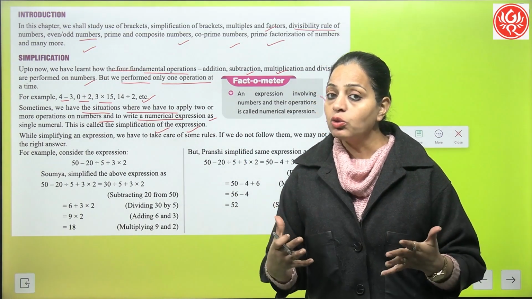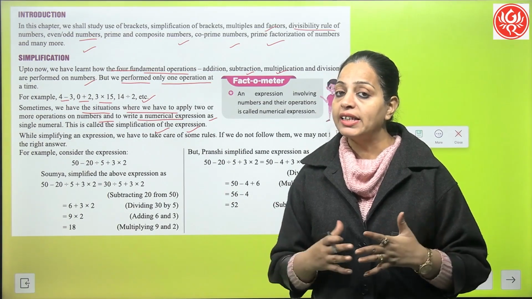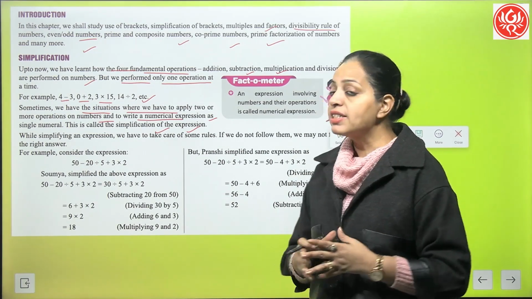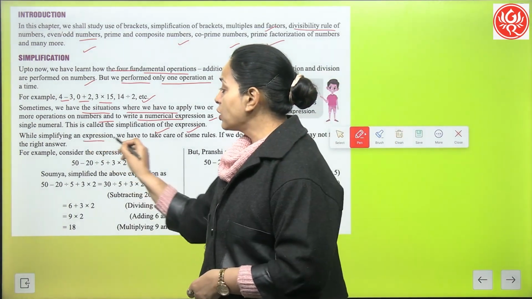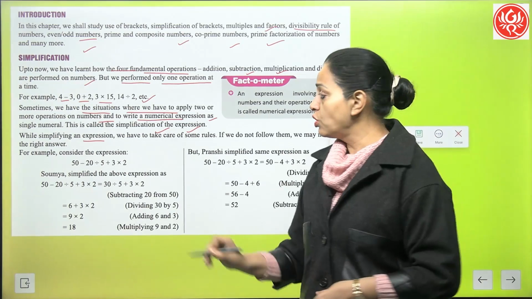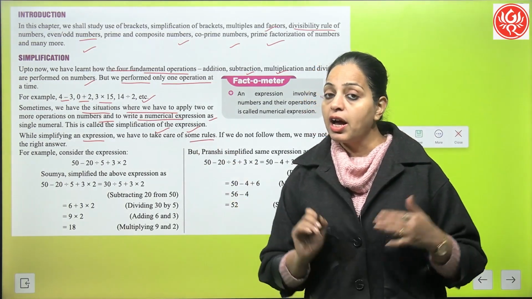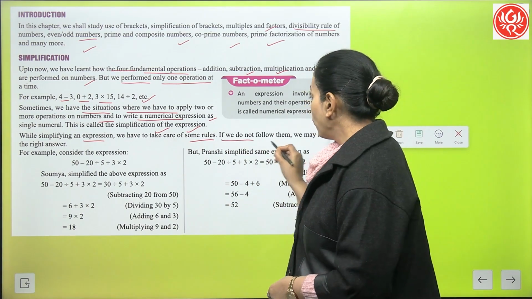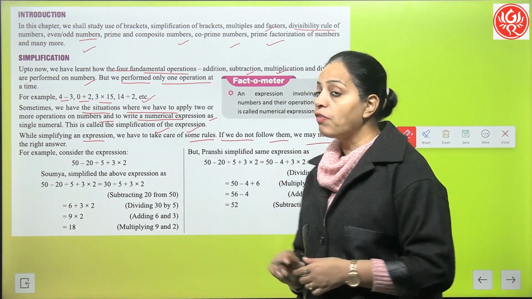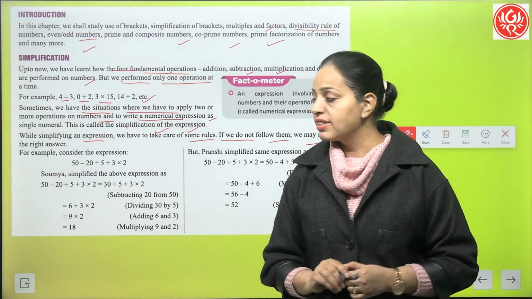Then we have to see how to calculate it. So this is said to be the simplification, right? So while simplifying an expression, we have to take care of some rules. We have to keep some rules in our mind. If we do not follow them, we may not find the right answer, right?